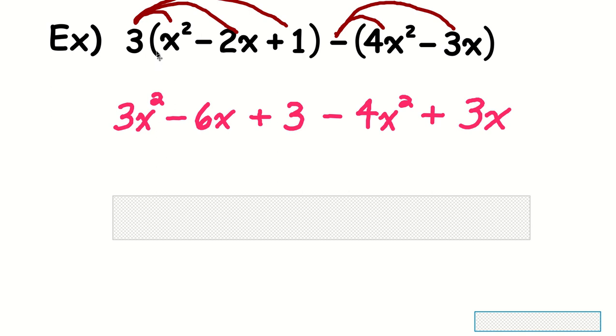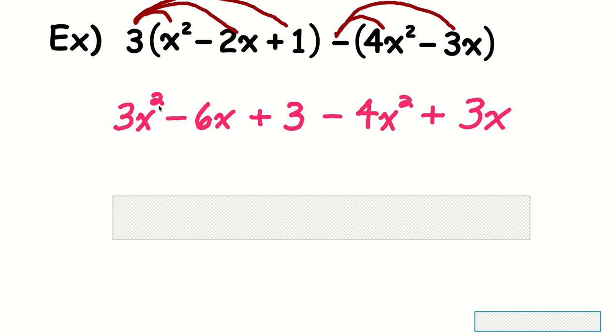That's all you can really do. And then 3 times -2x, well, you can do the 3 times the -2 to get -6, and then times the x. And then 3 times +1 is +3. And then -4x squared, and then this minus becomes a plus because of that.